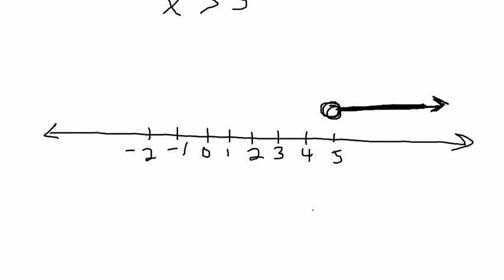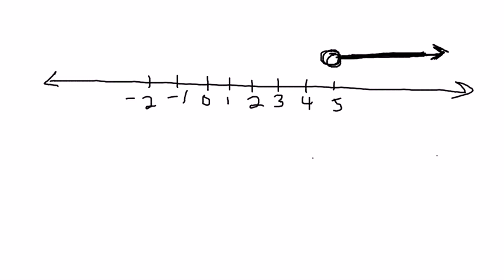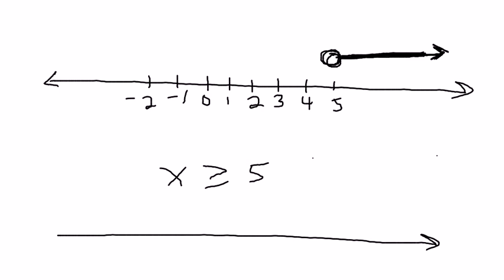Now, let's consider a similar inequality. X is greater than or equal to 5. Alright, so if I were to graph this inequality, once again, we would put a circle above 5, but in this case, we are going to use a closed circle.